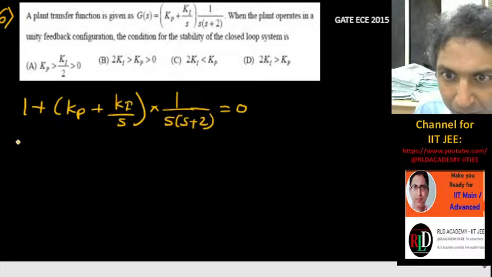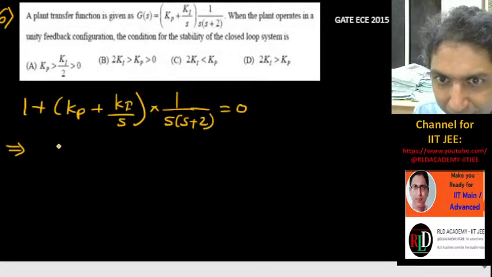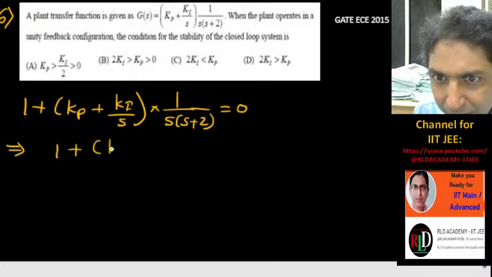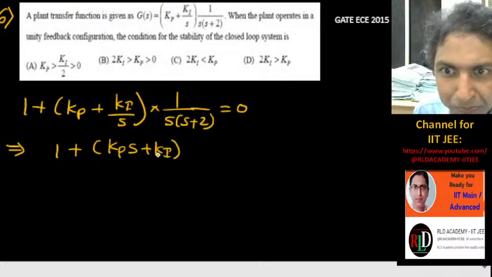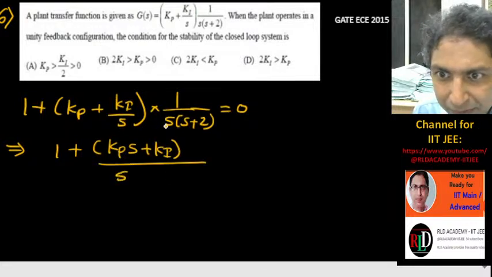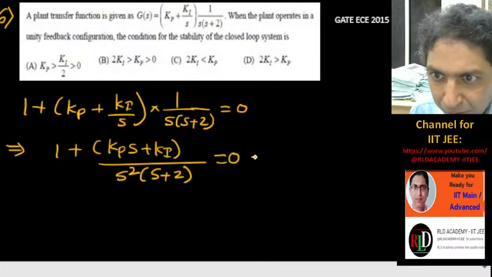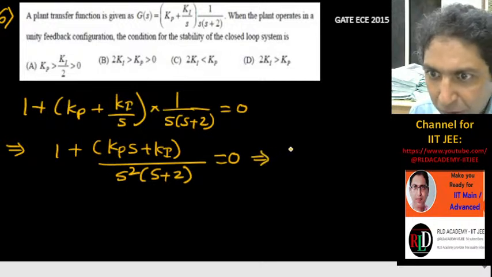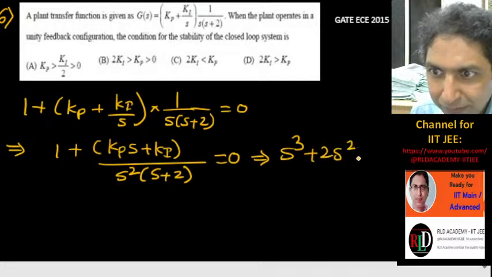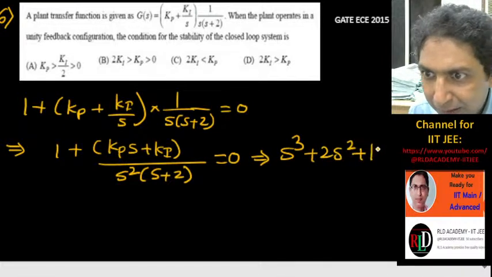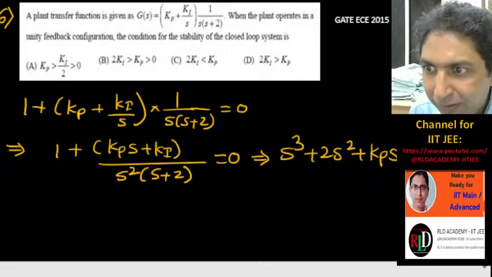So if I multiply all the things, what I will get? 1 plus, this is your Kp into S plus Ki upon S into S square, it is S plus 2, that is equals to 0. So if you simplify it, this will be your S cube plus 2S square plus Kp into S plus Ki, that is equals to 0.